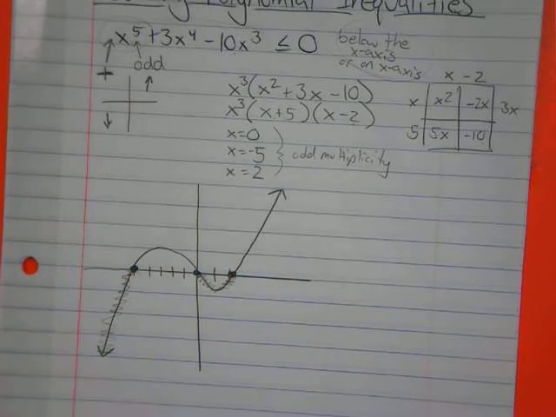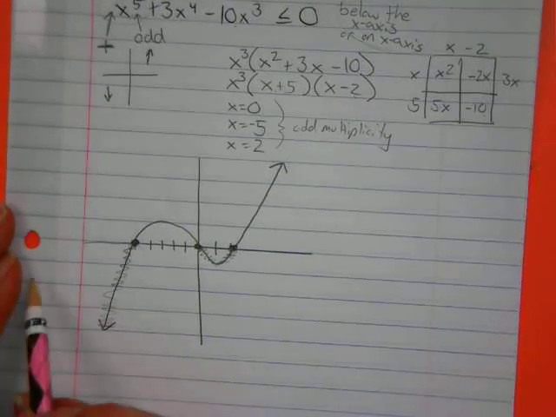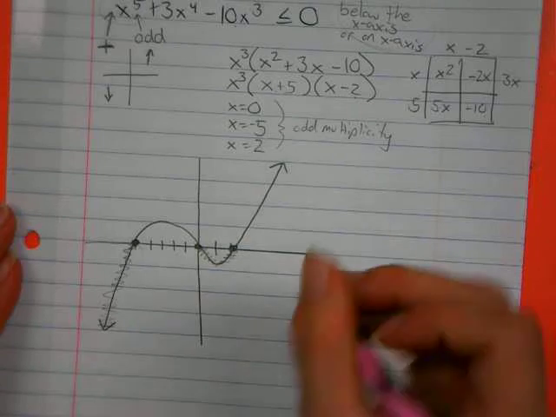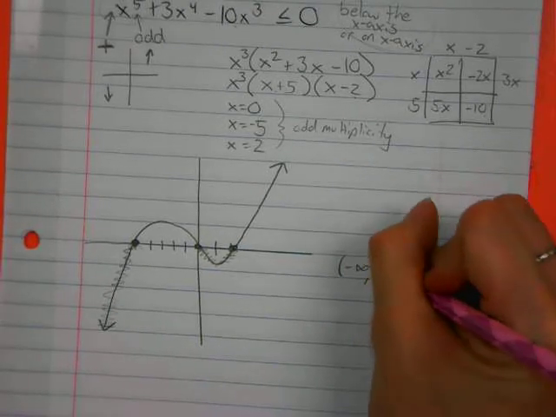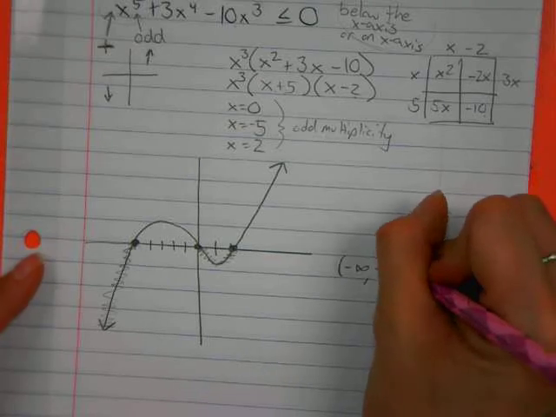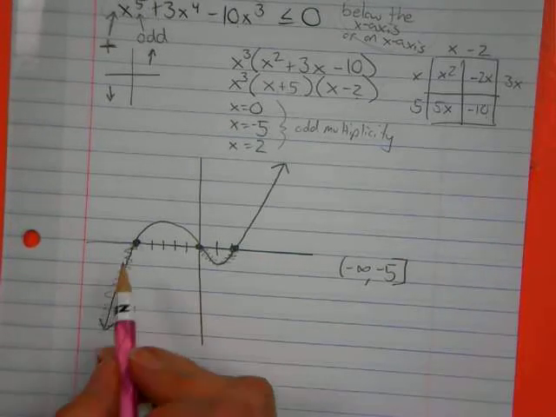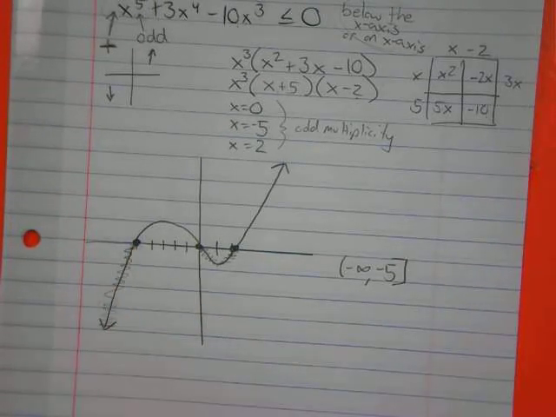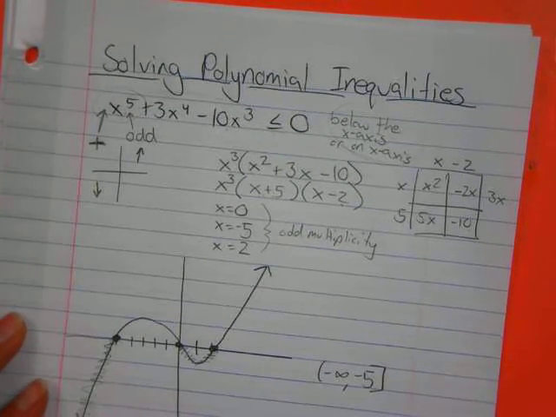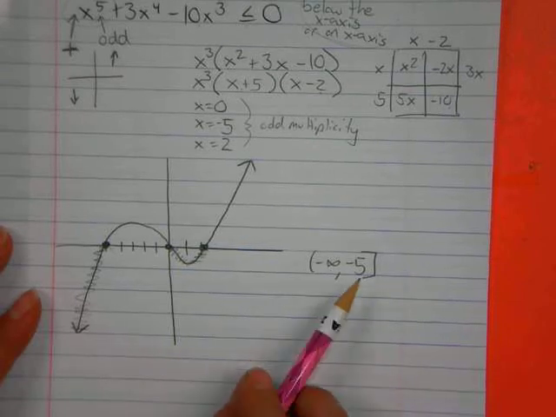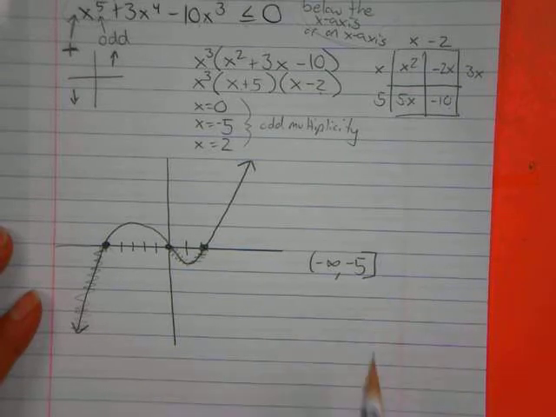So these are all the x values that I want to describe now in interval notation. I want everything to the left of -5, so all the way from -infinity to -5. And I'm going to put a bracket rather than a parenthesis because at -5 we're equal to 0 and we want to include 0. If that equal sign was not there, then we would change this by putting a parenthesis.